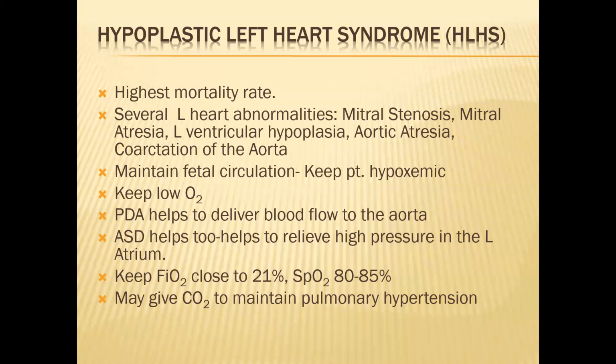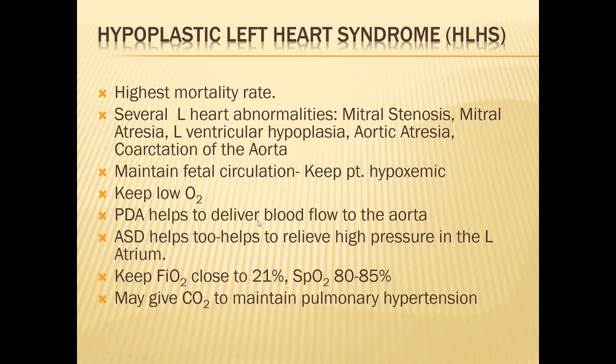So sometimes babies can be born without a left ventricle. Can you imagine that? Hypoplastic left heart syndrome. This anomaly has the highest mortality rate. It makes sense if you don't have a left ventricle.